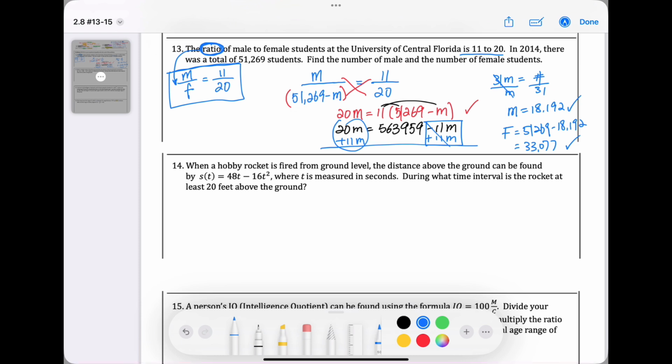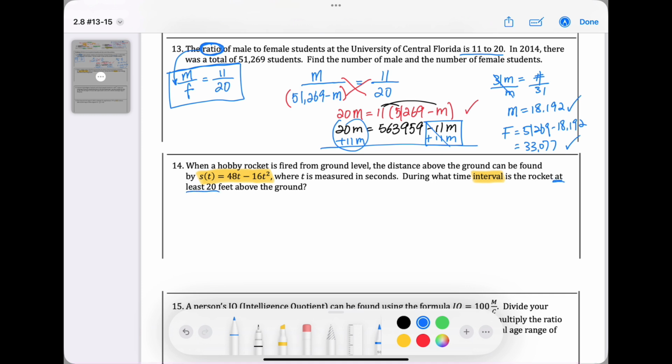All right, now 14. When a hobby rocket is fired from ground level, the distance above the ground can be found. Ooh la la, love it. When there is a formula, we're about to use it. When the time, measured in seconds, during the time interval tells me it's from small to big. So at least 20 feet. Okay, activate your eagle eye.